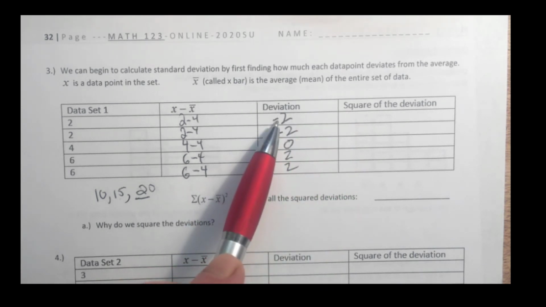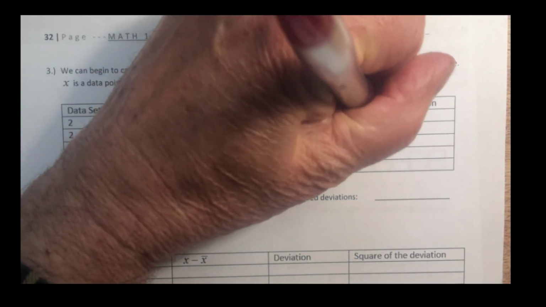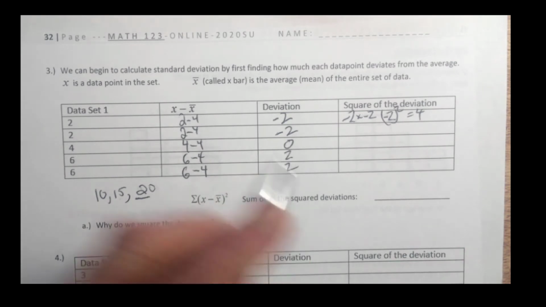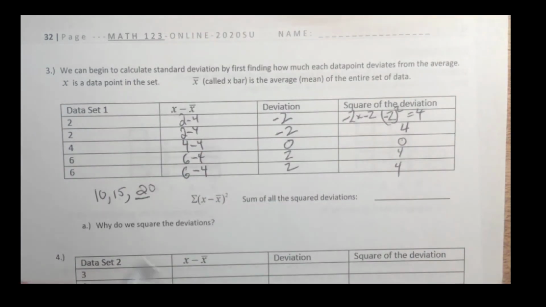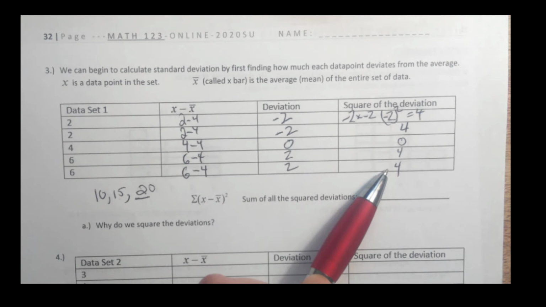That just means taking a -2 and squaring it, which means -2 times -2, or -2 squared, which is 4. So I'm sure you can square these. So that's the square of the deviations.